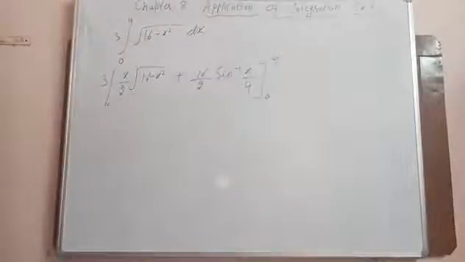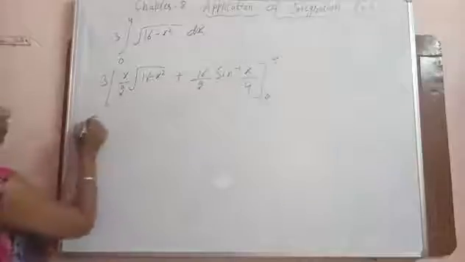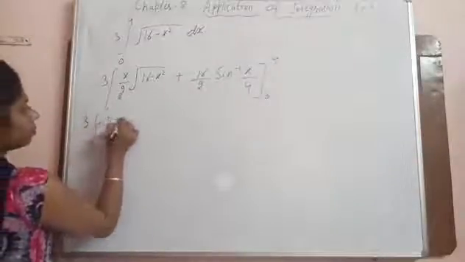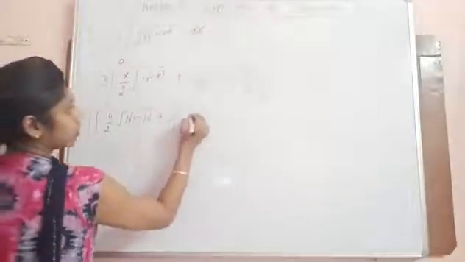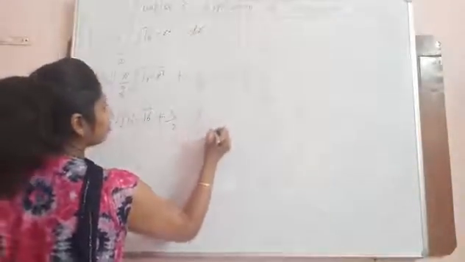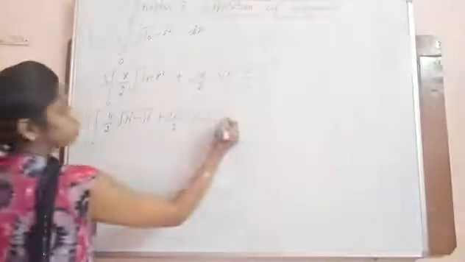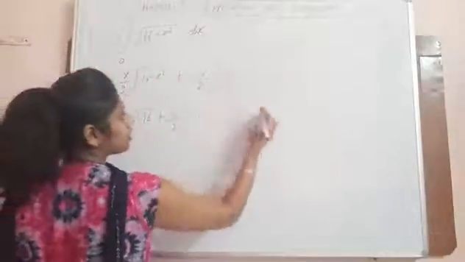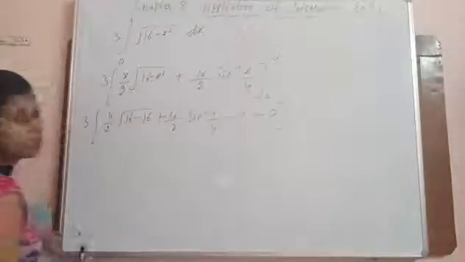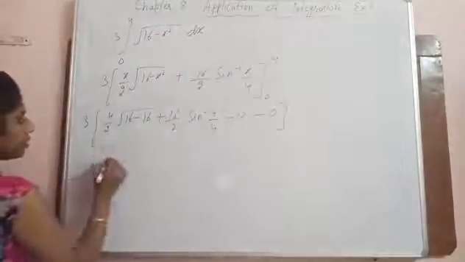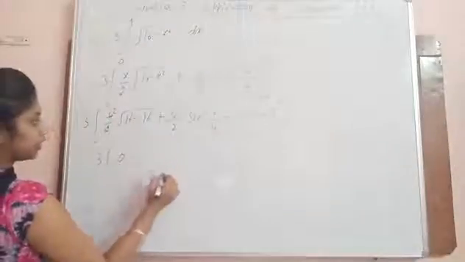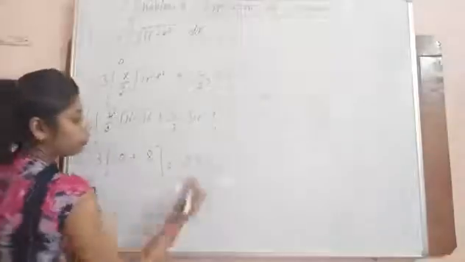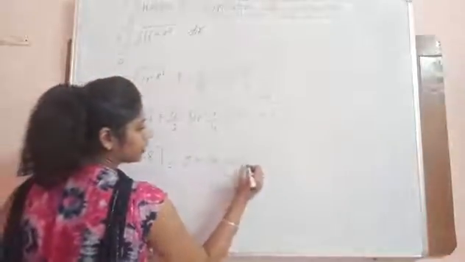Now put the limits, upper limit minus lower limit. 4 upon 2, 16 minus 4 square is 16. Sin inverse 4 by 4. If you put 0, this term will become 0. Sin inverse 0 again 0. So third and fourth term 0. Simplify it. This term again 0. 16 by 2 is 8. So answer is 24 pi square unit. This is the area of ellipse.